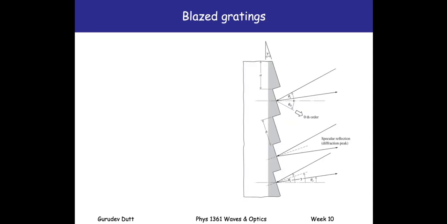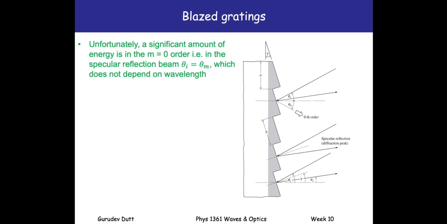And that reflected beam does not depend on wavelength because m equals 0, so the right-hand side of that equation does not depend on wavelength. Therefore, the whole point of a diffraction grating is lost, because we are not able to separate out wavelengths based on their angle.